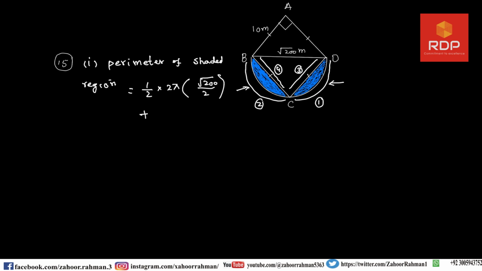Now in the second case, these 3 and 4 are 10 and 10, so we are multiplying this by 2 as well. So as a result, we will get under the root 200 divided by 2 into pi, because this 2 will be cancelled with this one, and here I will write 20.